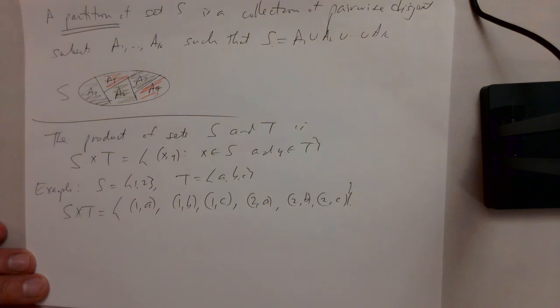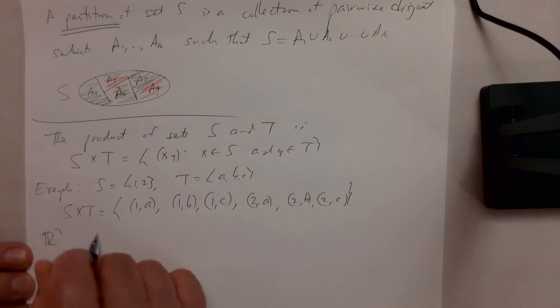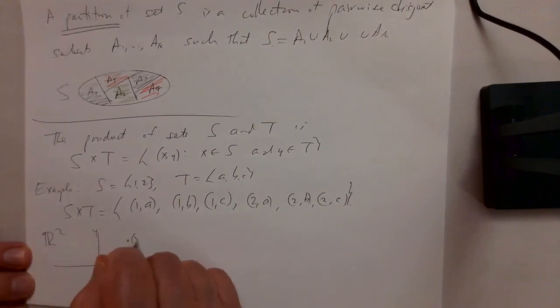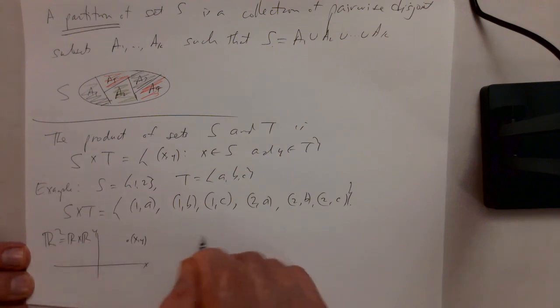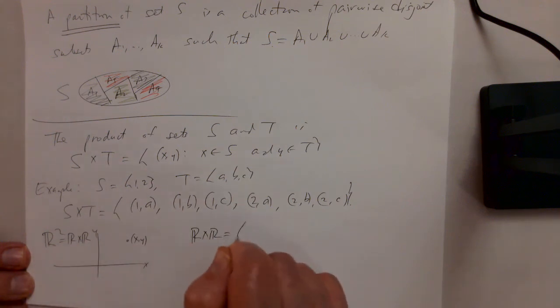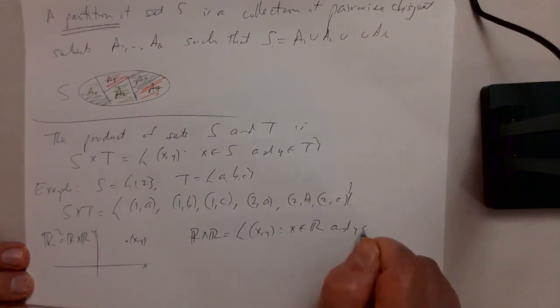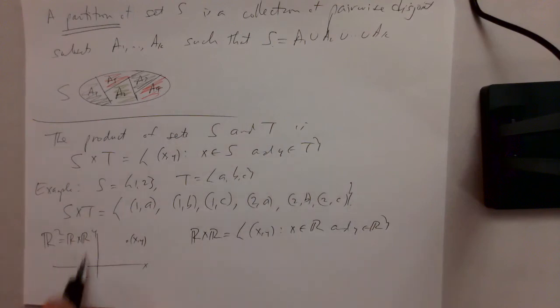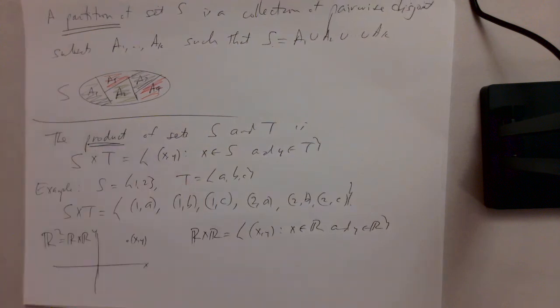This is all possible ordered pairs where the first coordinate comes from S and the second coordinate comes from T. It's actually exactly what you learned in pre-calculus, where you have R^2, the xy plane, and you have all points (x, y). R^2 is what we would call R cross R. It's the set of all ordered pairs (x, y), where x is a real number and y is a real number. So the ordinary two-dimensional plane from calculus is an example of the product of two sets.